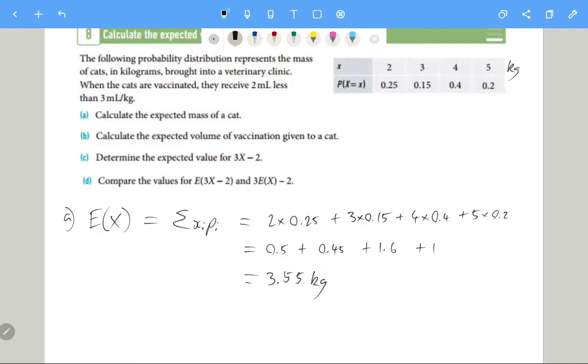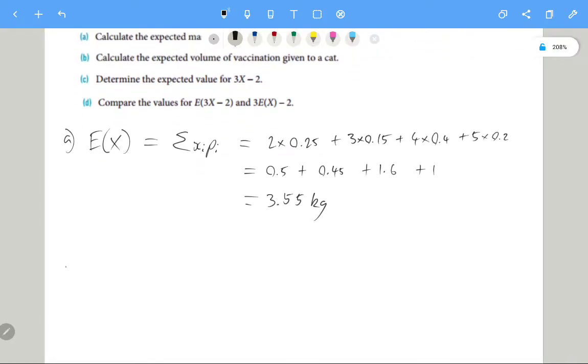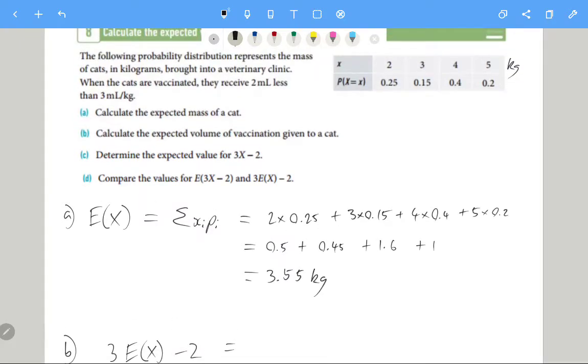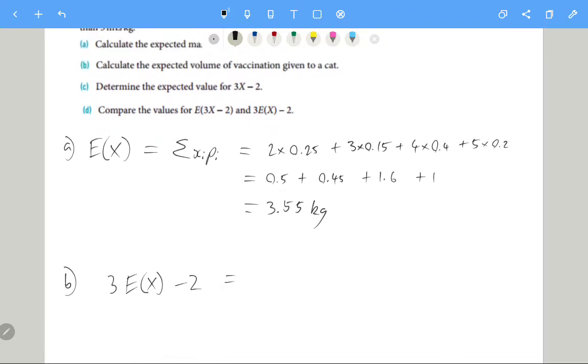Alrighty, so calculate the expected volume of vaccination given to a cat. Well, let's have a think about it. If this is their average weight, then the average volume will be 3 times this minus 2. So it's just going to be 3 times the expected value minus 2, as per the rule in this sentence here: 2 milliliters less than 3 milliliters per kilogram.